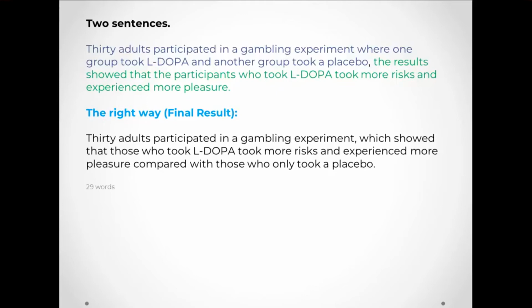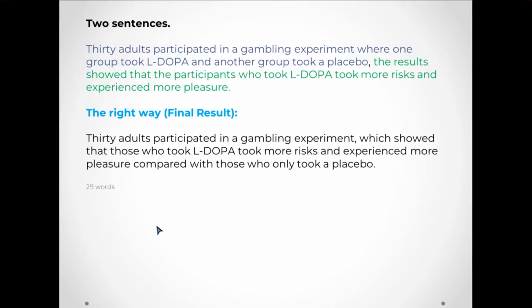Because you know what? When I read this last one, 30 adults participated in the gambling experiment, we showed... I think the first one is giving more information because the result showed. We said that 30 adults participated in a gambling experiment and the result of that experiment. But here we say "which." The adults participated in the gambling experiment.